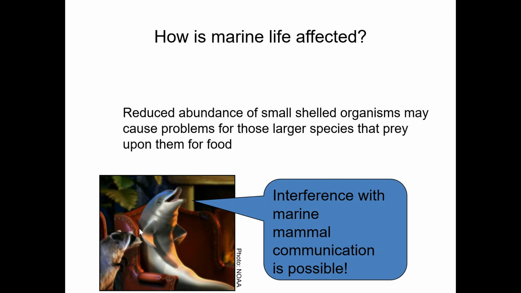I don't like crabs. I don't like lobster. Why you wouldn't like them, I don't know. But if you don't like those, that's okay. But things like dolphins do. Other fish like to eat those shellfish, and if the shellfish are not available, then the larger organisms up the food chain do not get the food they need, and their populations dramatically decrease.